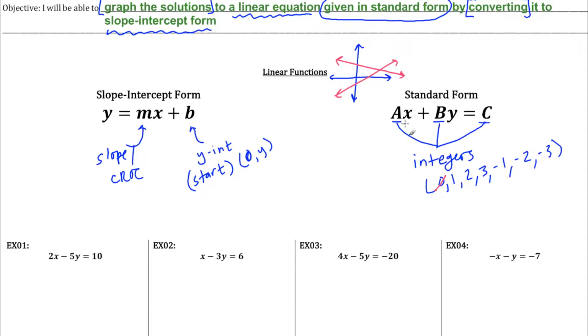And then a is a little different. A will have to be positive, and then b and c can be positive or negative. And then the last thing is that there's no common factor, so you can't divide it by anything.